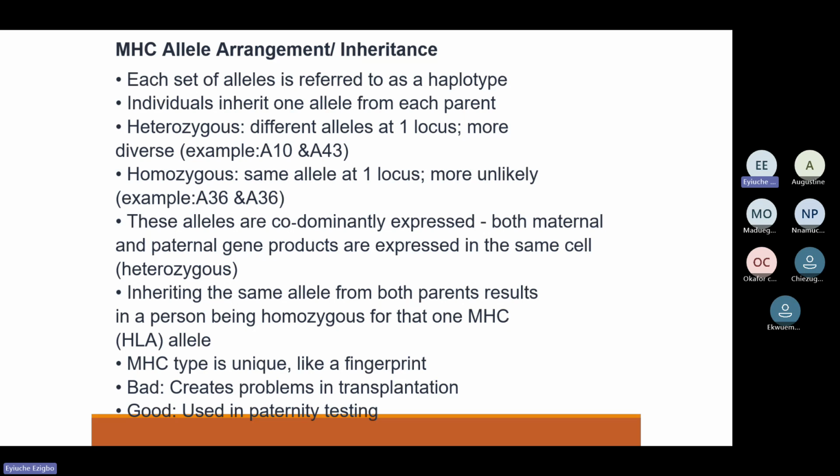It's good for identification, paternal disputes, but in transplantation, getting a match for someone who needs an organ transplant, it creates a huge problem. So the MHC molecule has its advantages and its disadvantages.